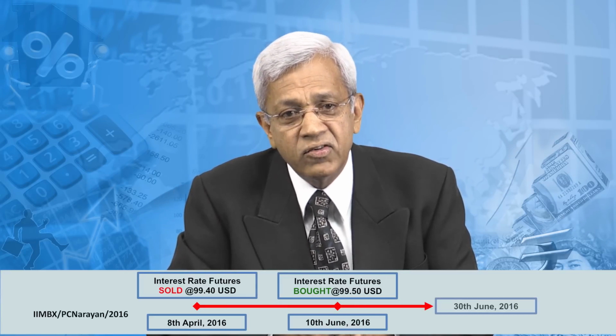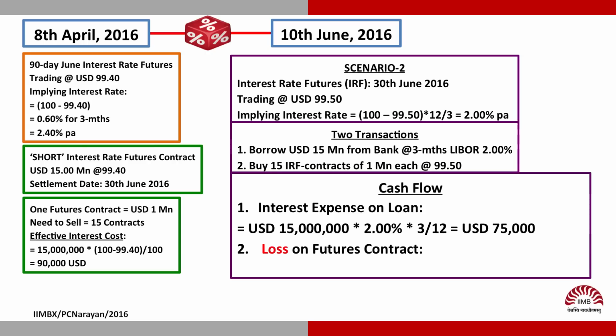And the loss incurred in the futures contracts sold at USD 99.40 on 8th April 2016 and bought at 99.50 on 10th June 2016, both settling on 30th June 2016, will be 15 million into 99.50 minus 99.40 divided by 100, which will be a loss of US dollars 15,000.